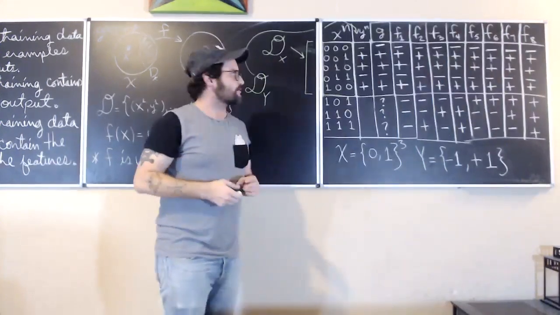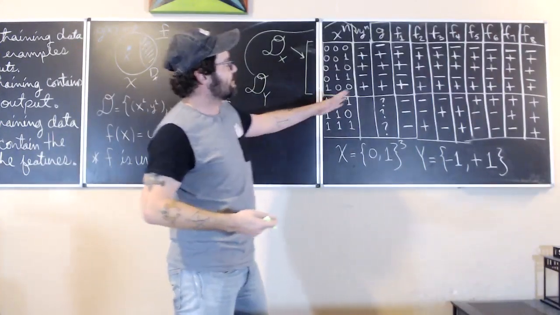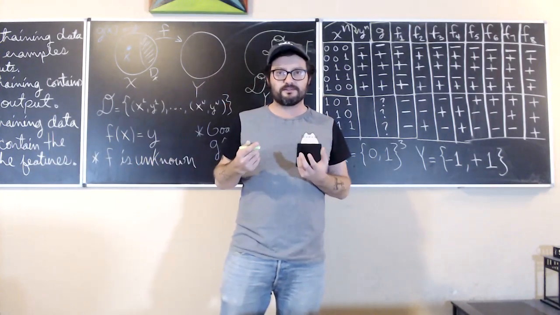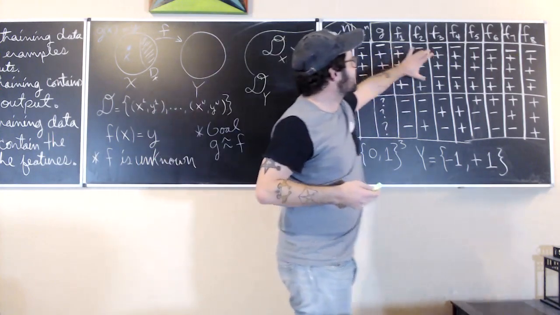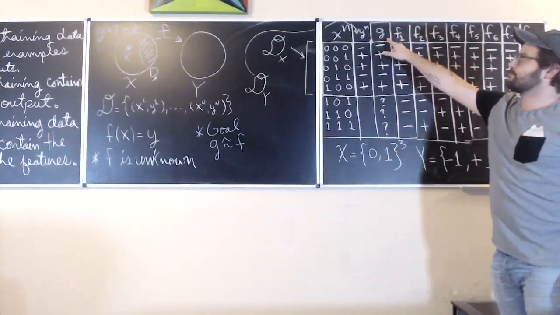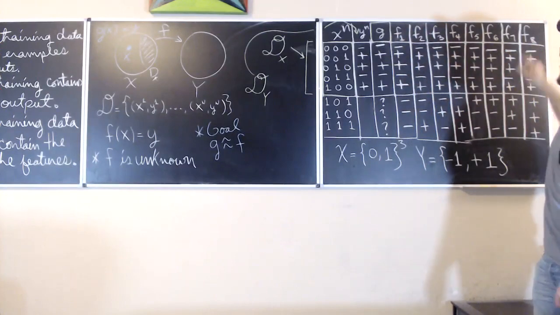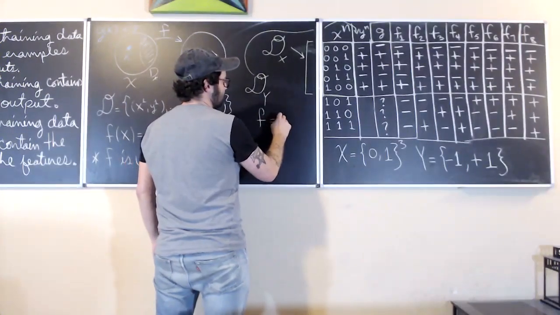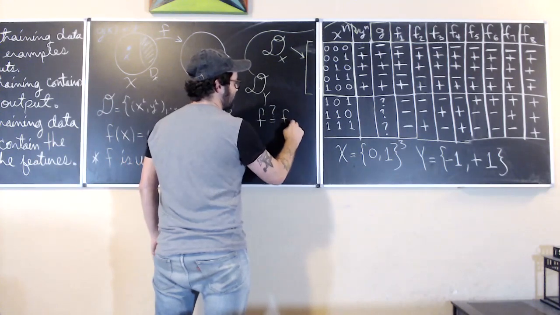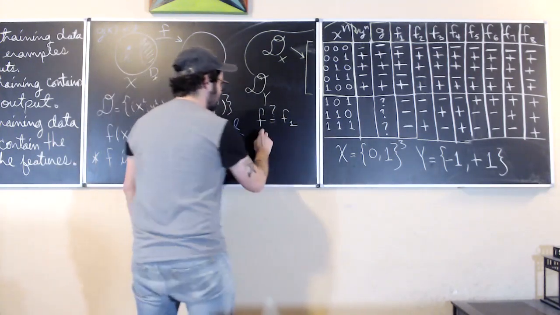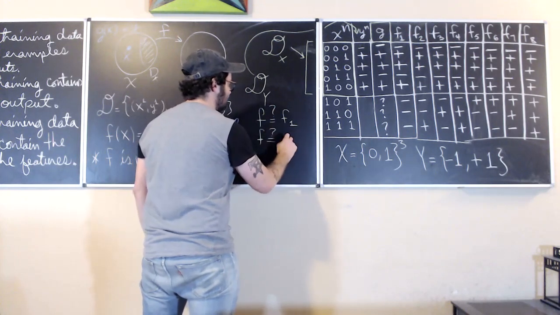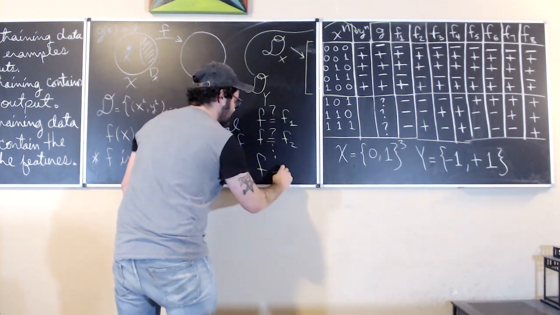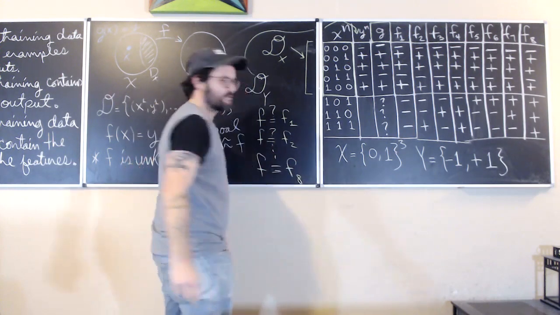So that means that if we're trying to find F and we truly don't know what F is, then any one of these functions is a possibility for us to be approximating. Does the target equal F1? Does the target equal F2? Dot, dot, dot. Does the target equal F8?